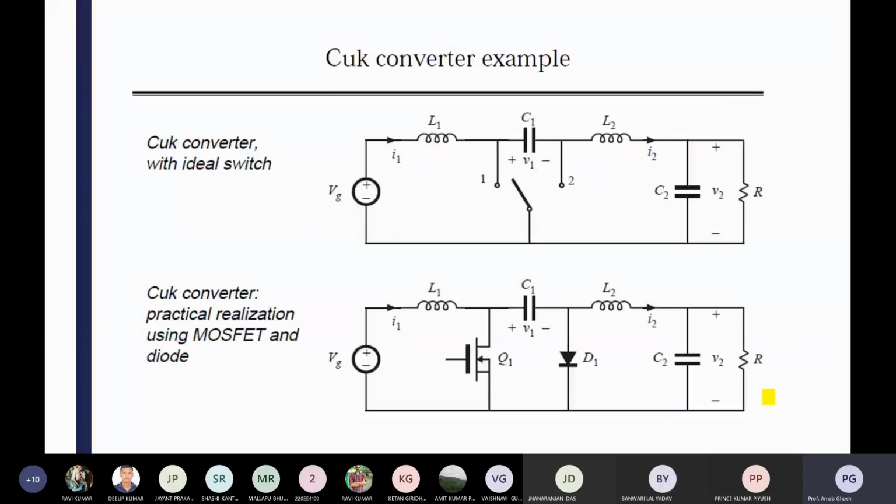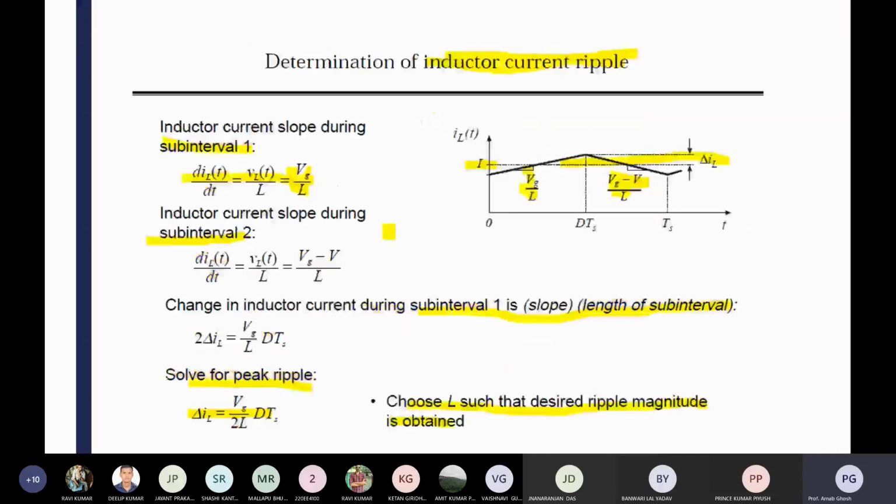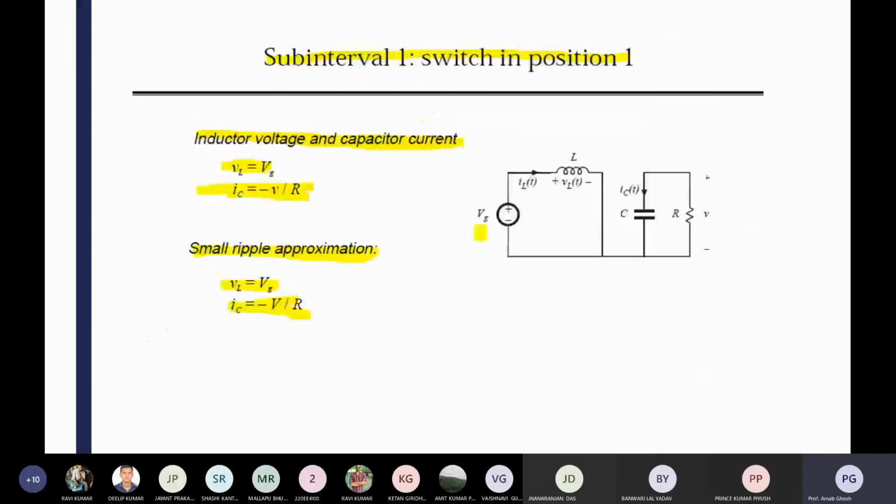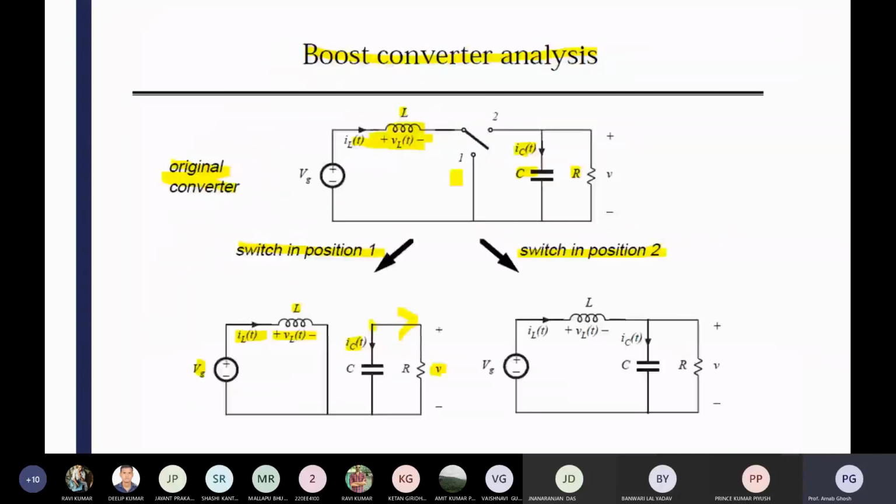Then we can go for another configuration, that is called the Chuk converter. In the Chuk converter you can see two inductors and two capacitors, means a total of 4 energy storing elements. In the previous cases you can see only 2 energy storing elements, one capacitor and one inductor.